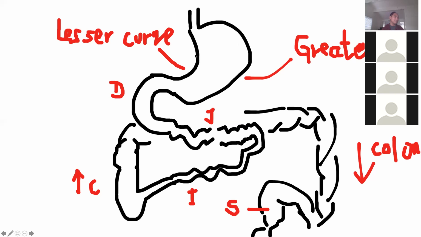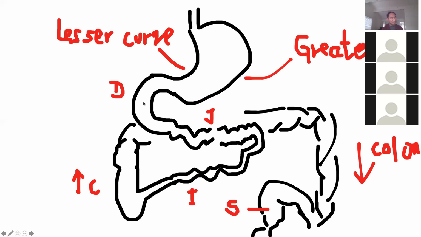Yeah, this is the stomach. And then when you leave the stomach, it is a tubular structure. Stomach is a big bag, and now it will become a tubular structure that is called duodenum, D-U-O-D-E-N-U-M.